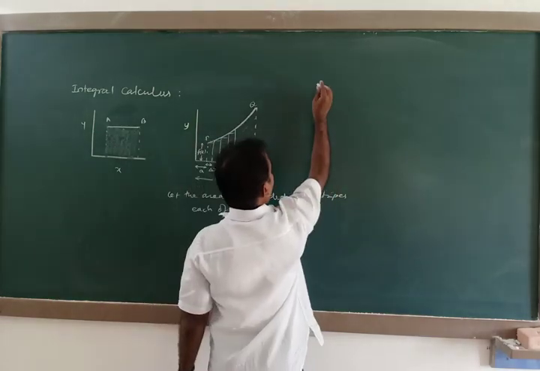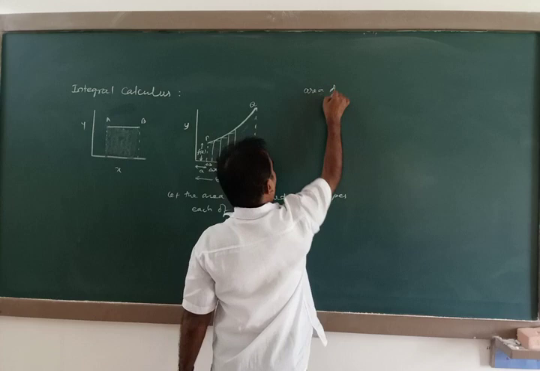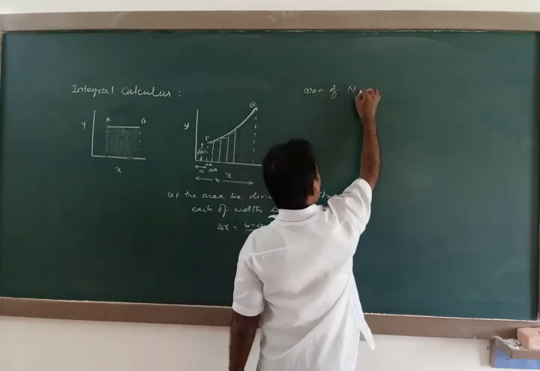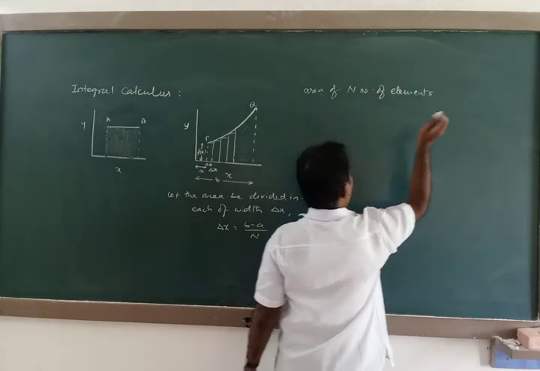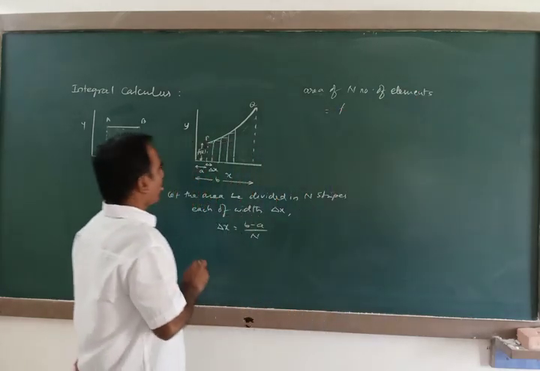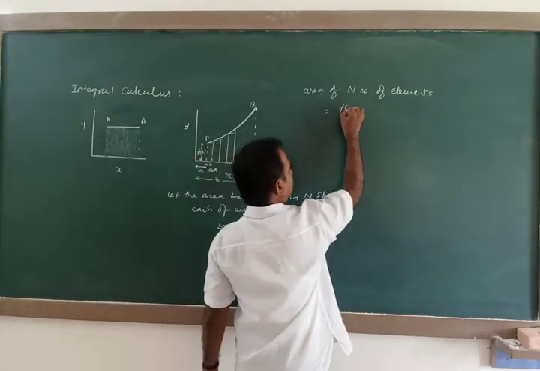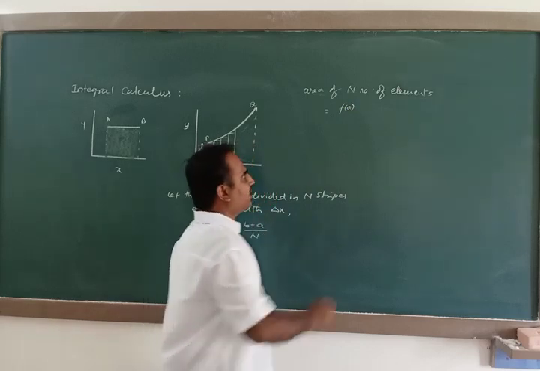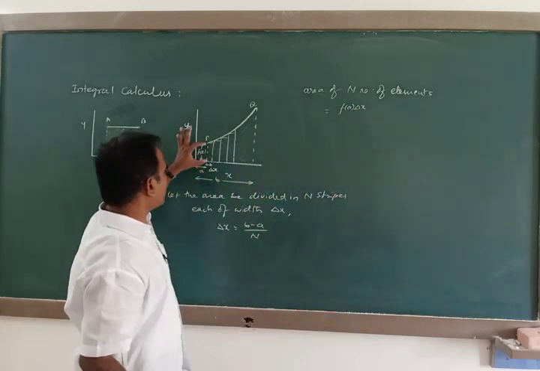So area of n number of elements is equal to, at this point a, the height is f(a) and width is delta x. I got the area of this first strip.